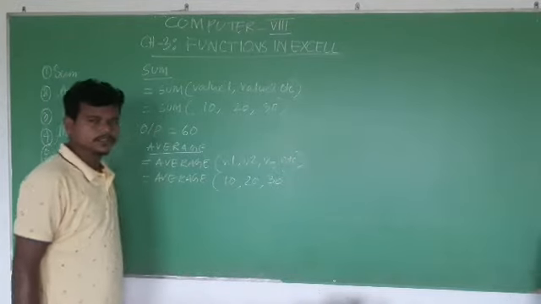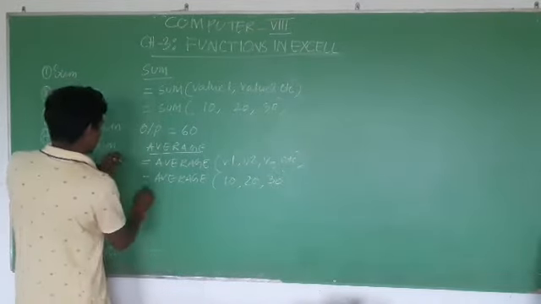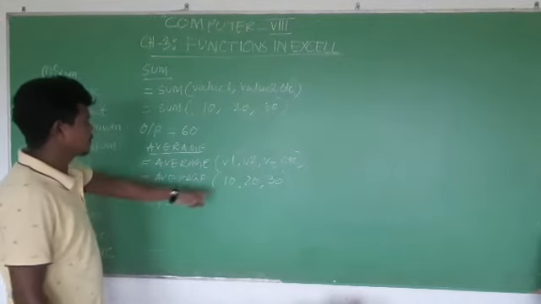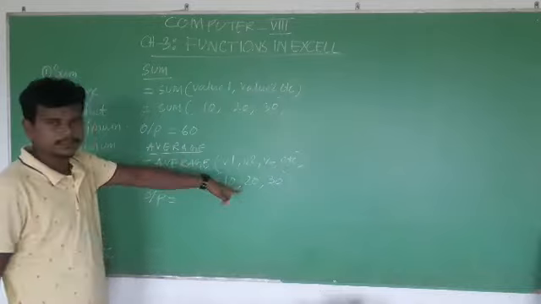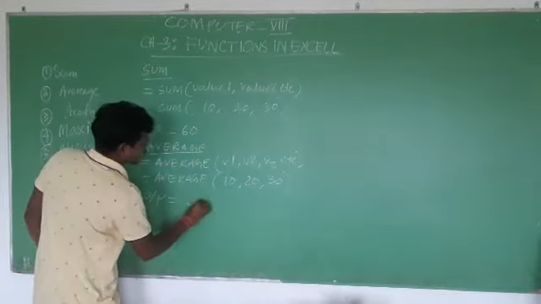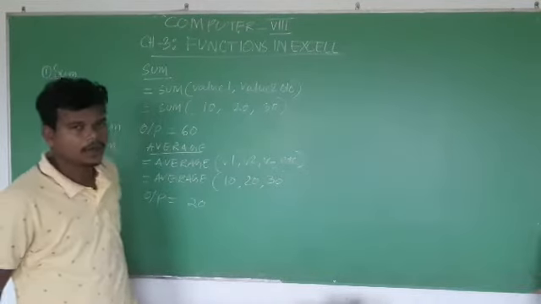Divided by 3, 60 divided by 3 is what? The output of average is 60, the total, divided by the number of values, 3. 60 by 3 is equal to 20. 20 will be the output.